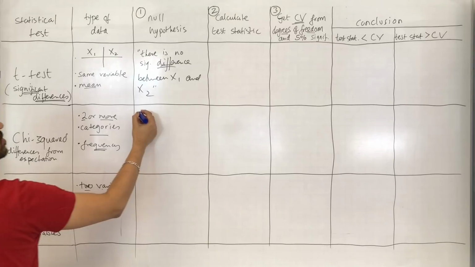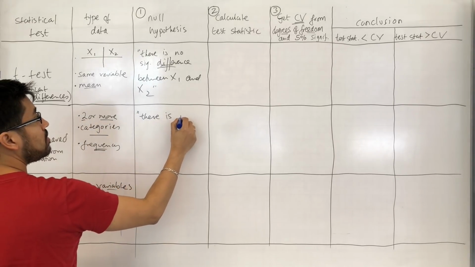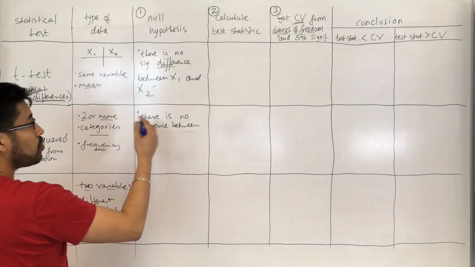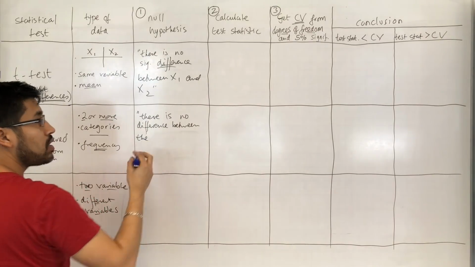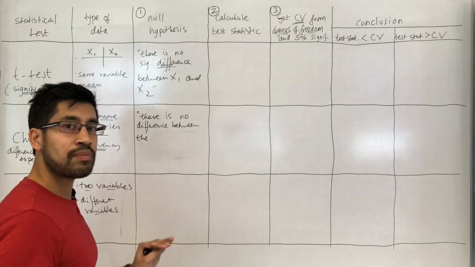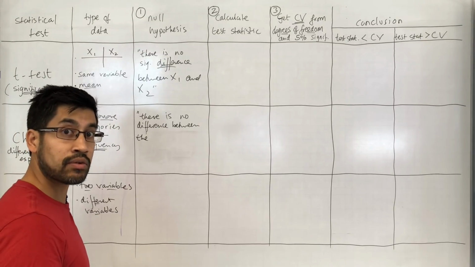The chi-squared null hypothesis would be something along the lines of: there is no difference between what we expect and what the data eventually turns out to be.